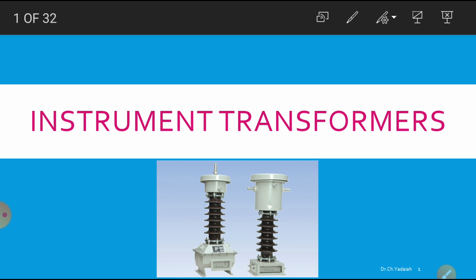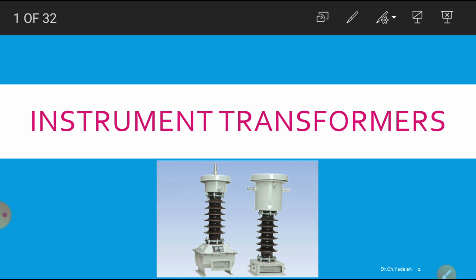In that, how the current transformer is used and how it works in the electrical field in case of protection and measurements. Similarly, how the potential transformer can be used in the electrical field to measure high voltages, and what precautions should be taken while using instrument transformers.